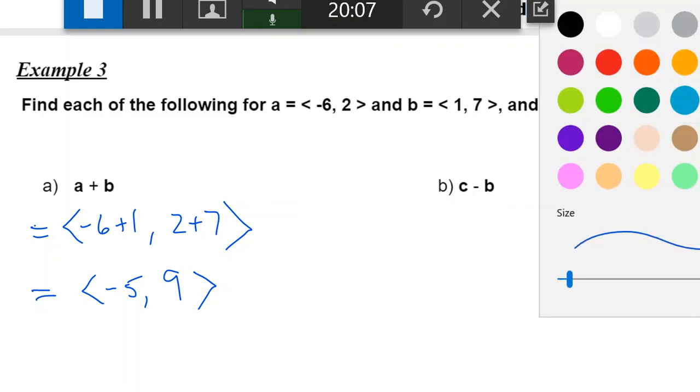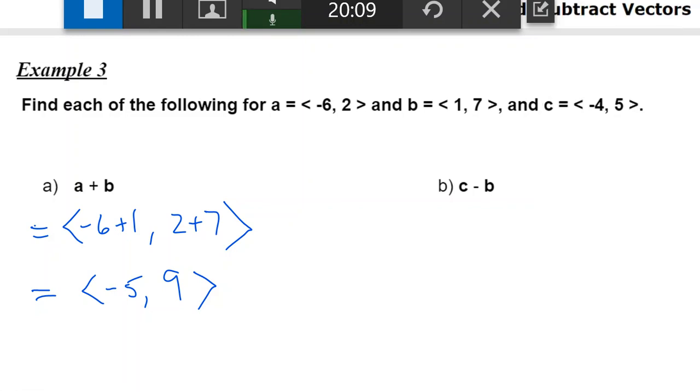All right, let's try this one. And again, it is important that we do this in order. So we're going to have -4 minus 1, and then we're going to have 5 minus 7. So that's going to be a -5. That's going to be a -2.